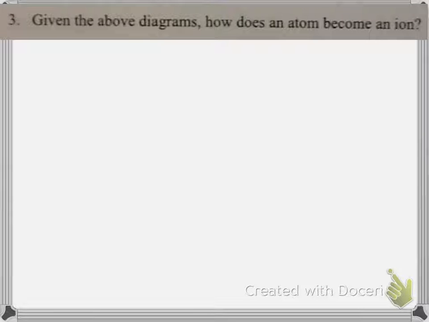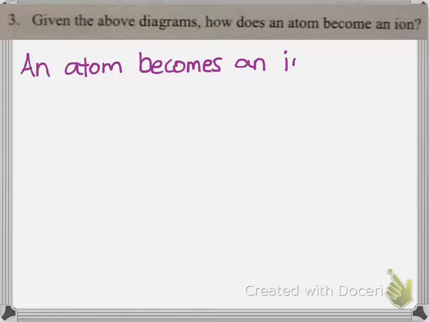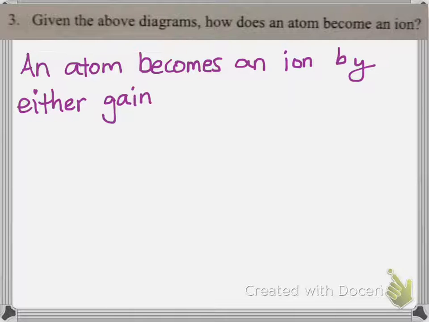It either gains or loses electrons. So an atom becomes an ion by either gaining or losing electrons.